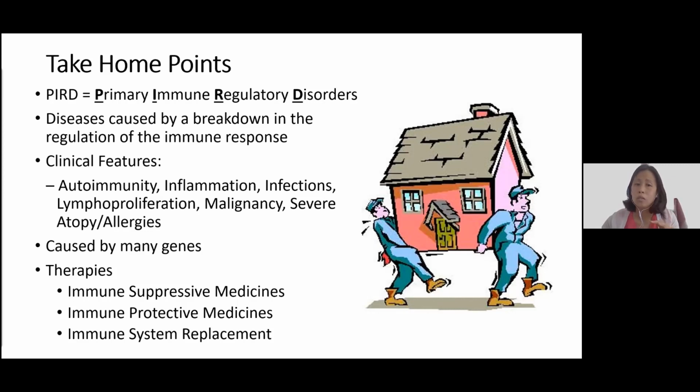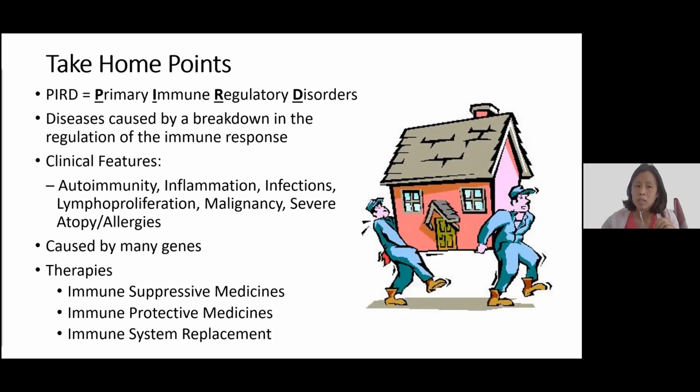There are a whole slew of genes that can cause PIRD, and they're all usually in pathways that regulate the immune system. And lastly, there are a variety of different therapies, but because in general, PIRD disorders are due to an overactive immune response, oftentimes immune suppressive medicines are needed to control or bring the immune response back down.